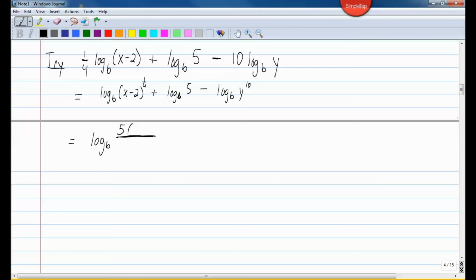So 5 times x minus 2 to the 1/4. And then I only have one negative logarithm, this one here, so that's y to the 10th. Alright, so that is expanding and condensing logarithms.